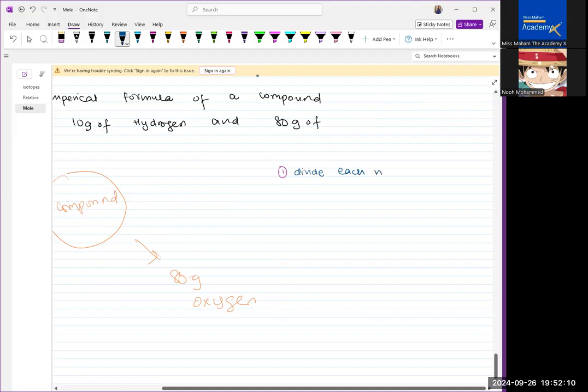Divide each mass by the respective atomic mass.